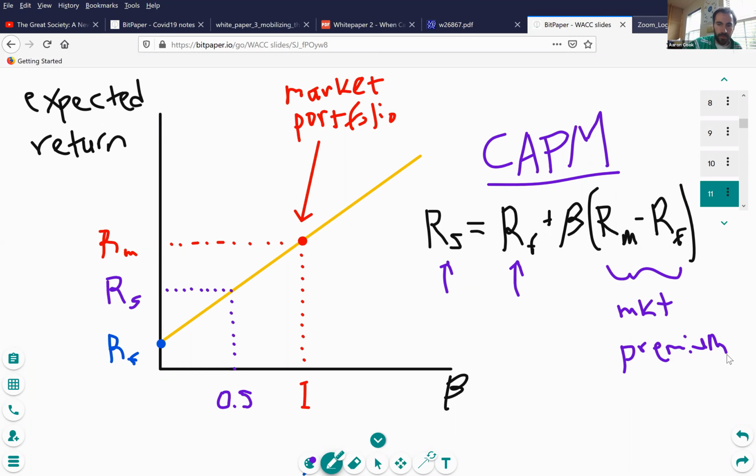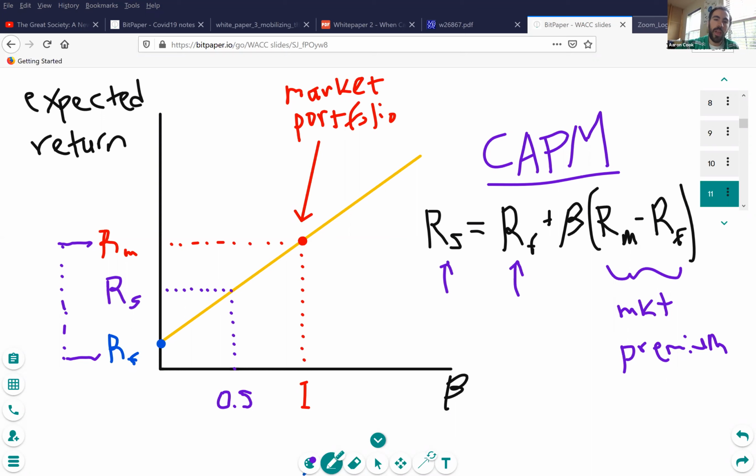That market premium is also represented by the vertical distance between the market rate of return and the risk-free rate of return. So we have the market premium, that's RM minus RF. That gets multiplied by beta. That gets added to the risk-free rate to determine what the expected return on a particular asset is. So this is just the result of the capital asset pricing model.